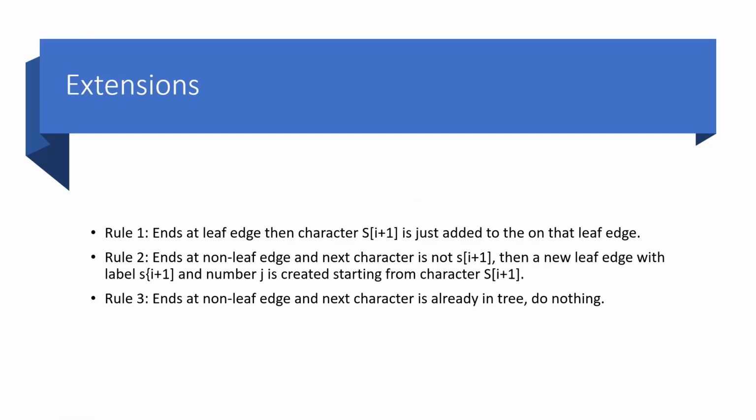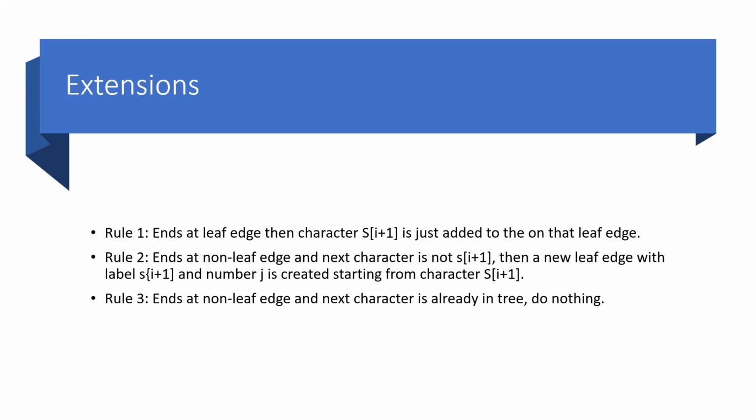Then the character that comes right after it is just added to the end of the edge. So in the previous example, how A turns into AB, we just added B to that edge because it's a leaf edge, so we could just add it next to it.